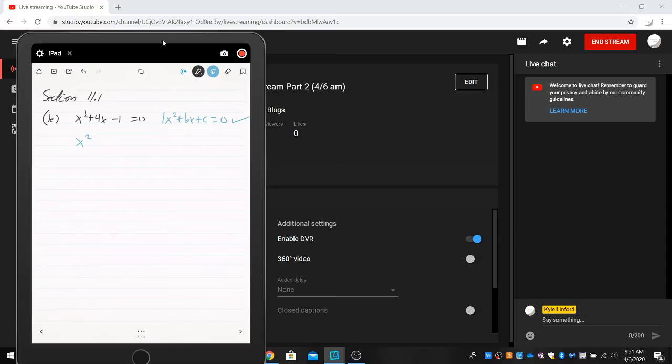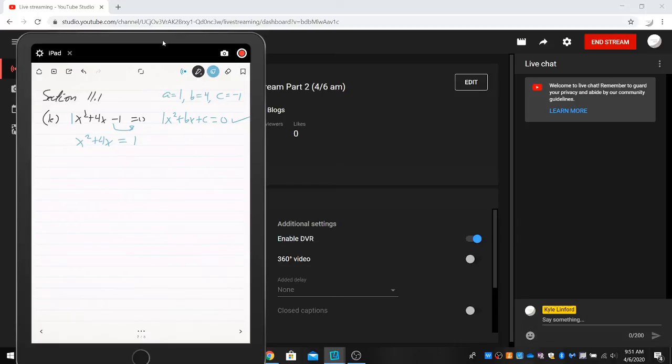And by the way, in this problem, let's remind ourselves, a is 1, b is 4, and c is -1. Sign comes with it. So the first step is we take the polynomial and I move the c over. So I've just added 1 to both sides.